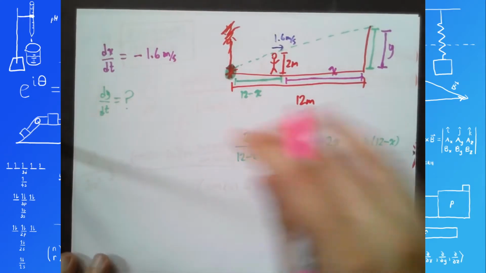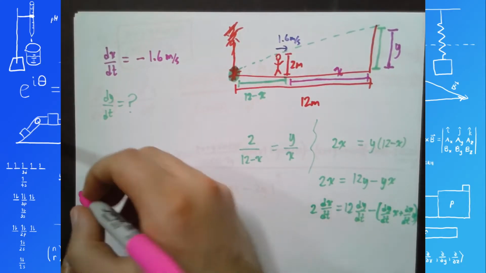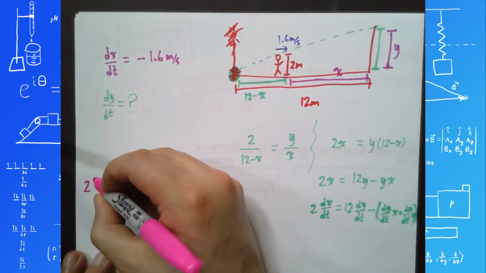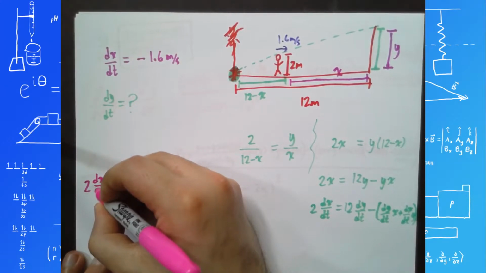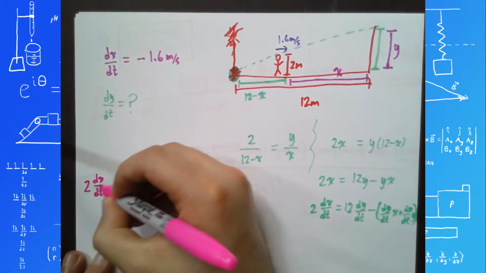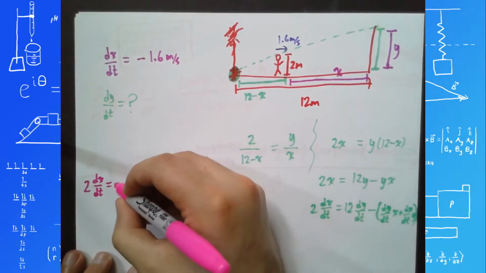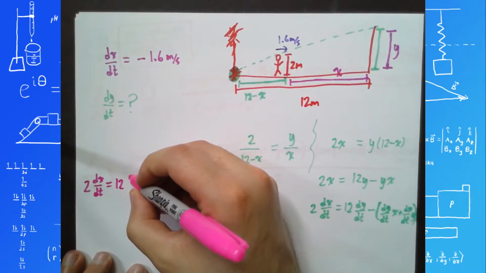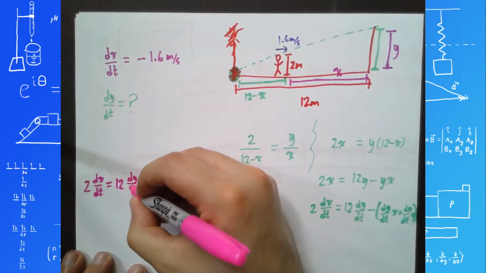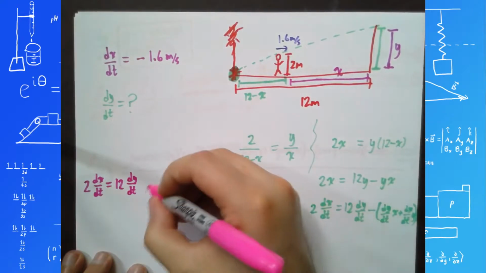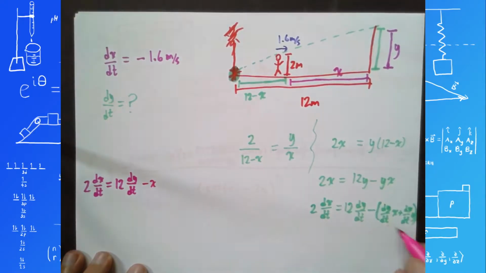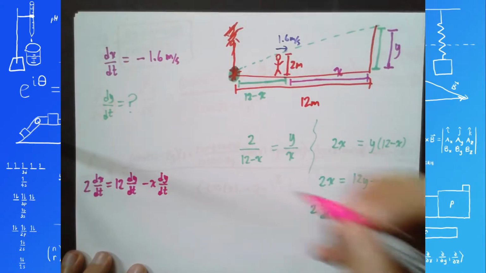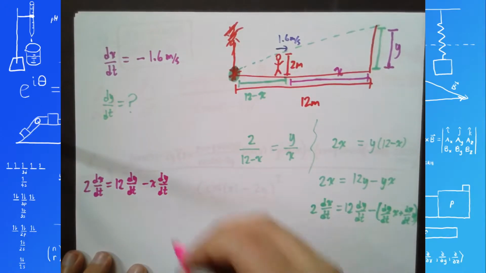So let me actually start on the left hand side and take my own advice for a change. 2 dx dt equals 12 dy dt. Distributing the minus sign, we get minus x dy dt, and also minus y dx dt.